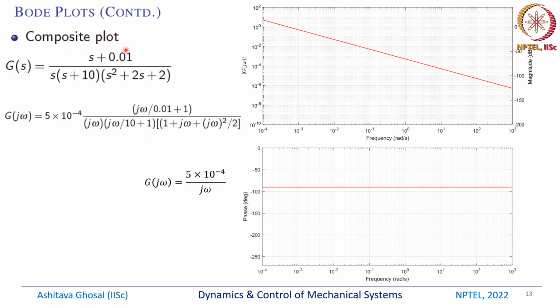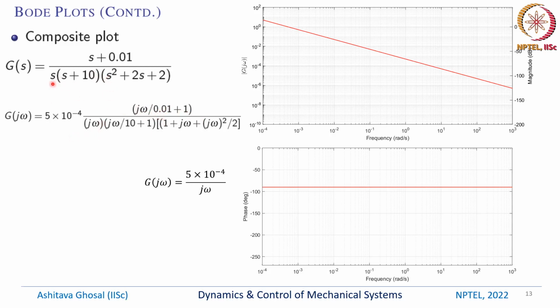You can roughly see where it is coming from: s equals j omega, and then we divide by 0.01 so that we have this plus 1, because the standard form in Bode plots is j omega tau plus 1. So in this case, tau is 1 divided by 0.01.